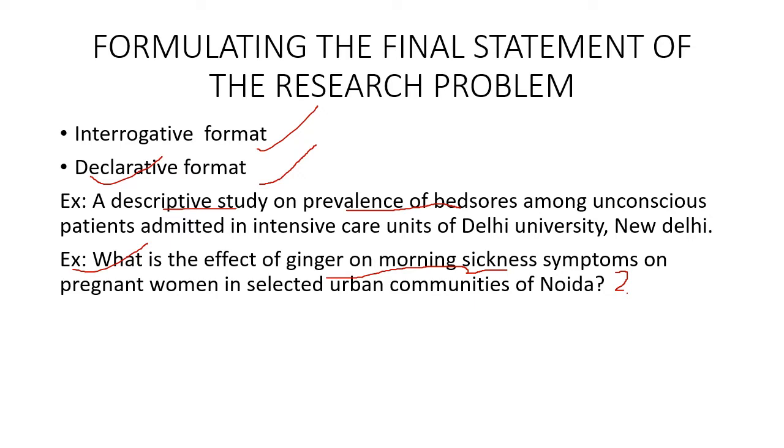This is one example of how to write the declarative form: a descriptive study on the prevalence of bed sores among unconscious patients admitted in the intensive care unit of Delhi University or any hospital. By doing this, you can use these two formats: the interrogative format and the declarative format.